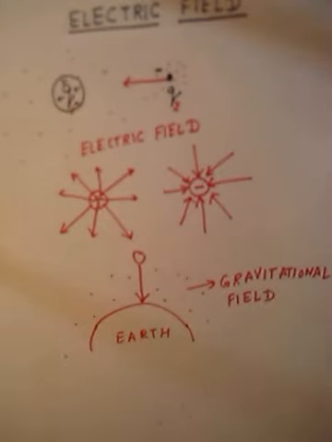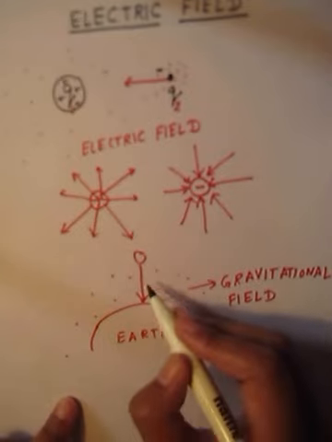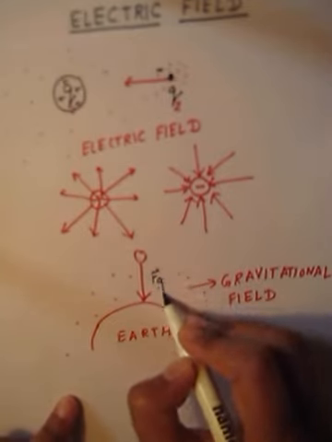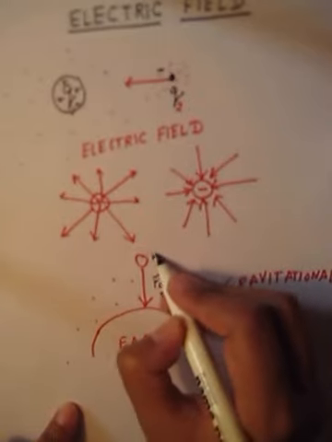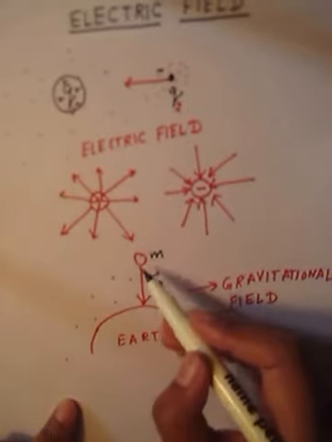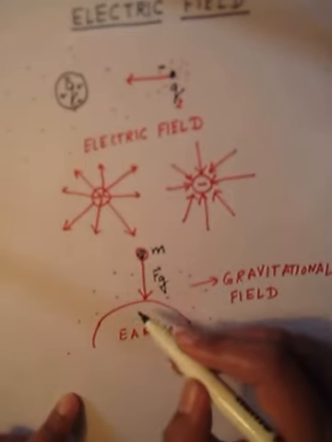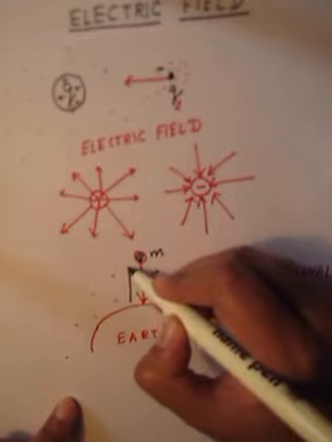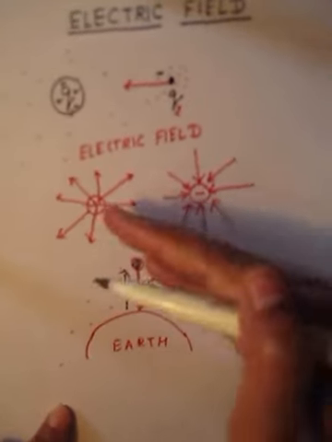And due to this field, Earth will apply a force which is called the gravitational force. This gravitational force is acting on this mass m due to Earth. Similarly, this will also apply a gravitational force on Earth, but it will be too small for Earth to move.